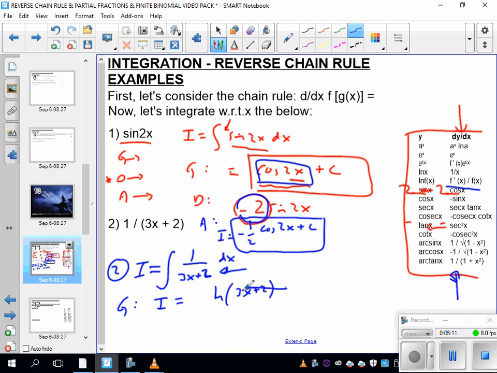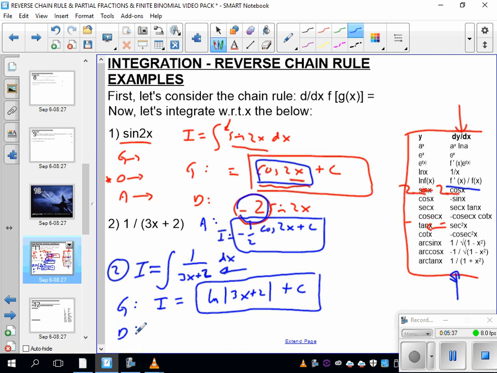But really what I should be doing is putting mod signs on it, and we'll talk about why we need to put mod signs on it for ln. In general, any ln integral should have mod signs on the outside, and we will talk about that in class. So plus c. So that's my guess. So I'm going to box my guess, and then I'm going to differentiate it to check.